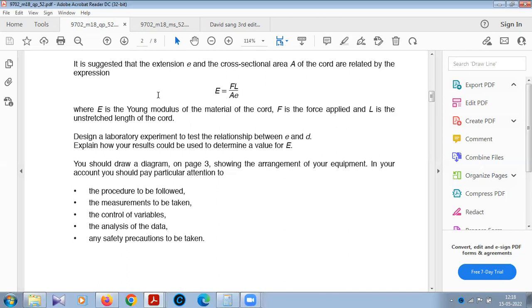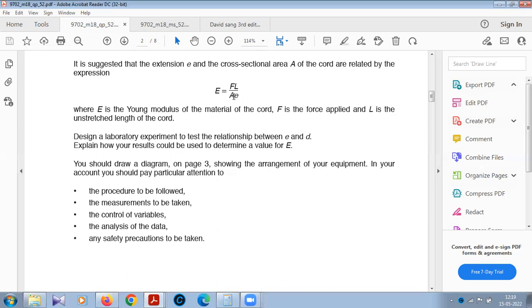So see here, how we will go about. Here I have to see the effect of the diameter. Area is connected with diameter: area is pi r square, or in terms of diameter, pi d square by 4.